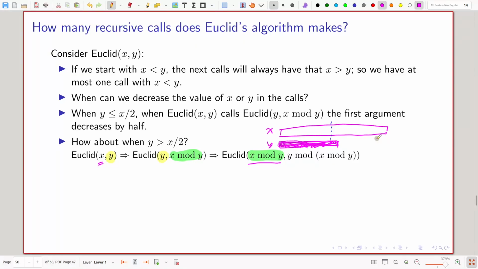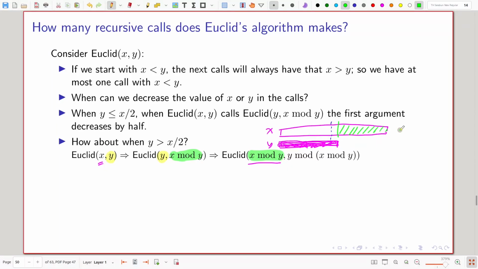How many times can y divide x? Once, because y is larger than half of x. So when you divide x by y, the result will be 1. And what is the remainder? The remainder will be this part.